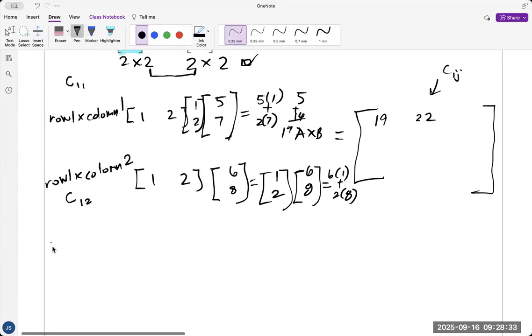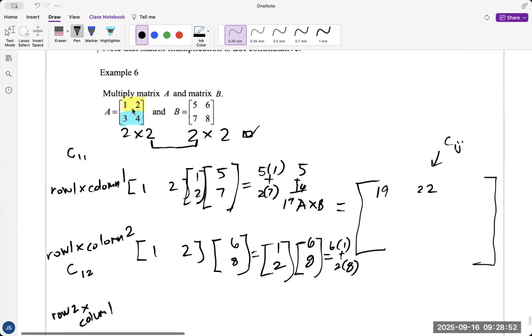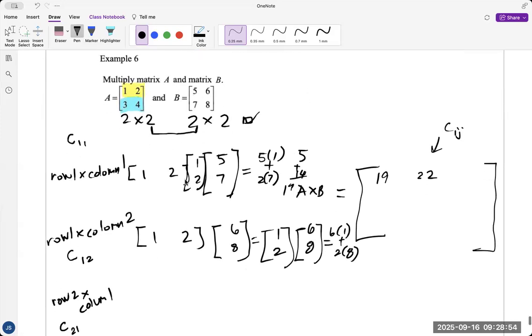Okay, the next thing I'm going to do is row 2 by column 1. And I know that needs to go in the answer, the second row and first column. The way we're going to get that is doing the 3, 4 times the 5, 7.